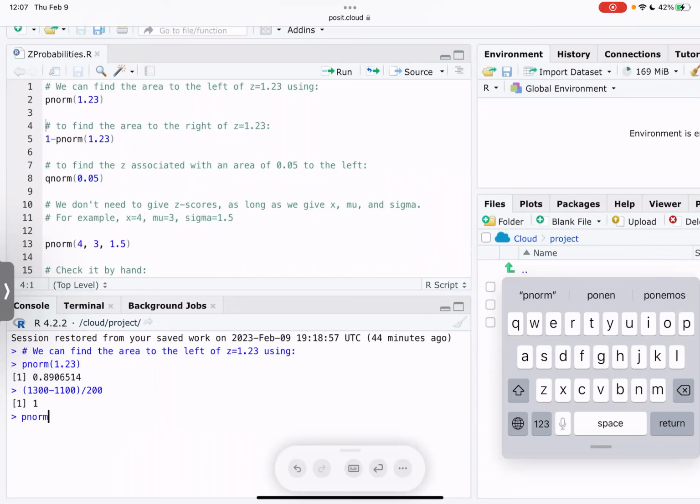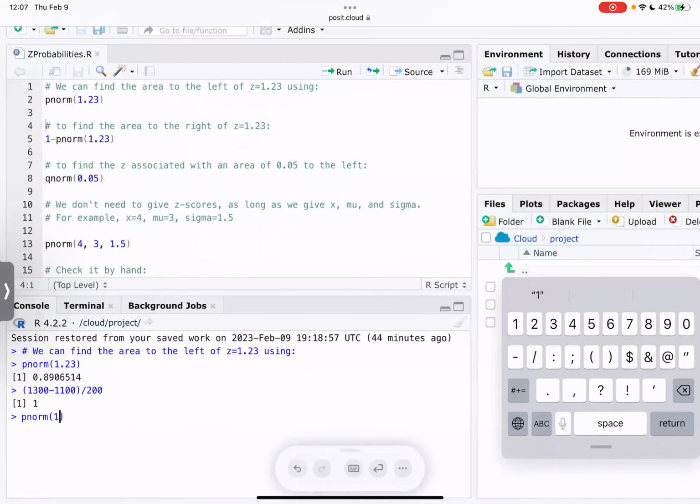So if you want to save it, you write it in a script, and then you'll be able to pull it up and run it again. Like I said, not on the test, but these are life skills. So the pnorm of 1, enter, is 0.841347.